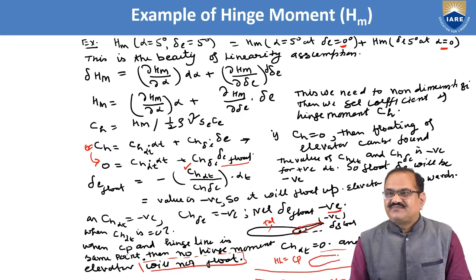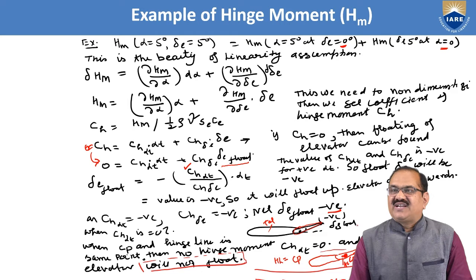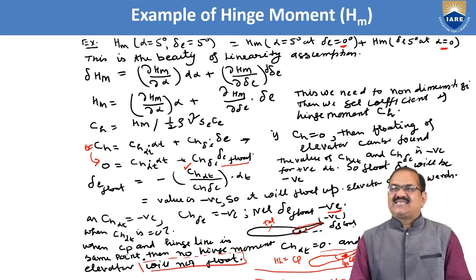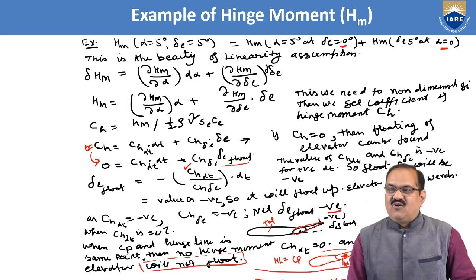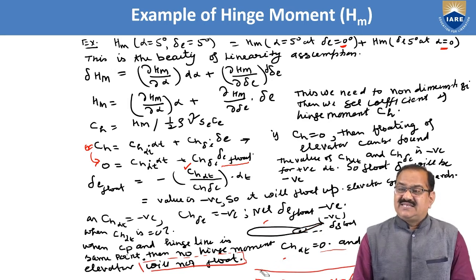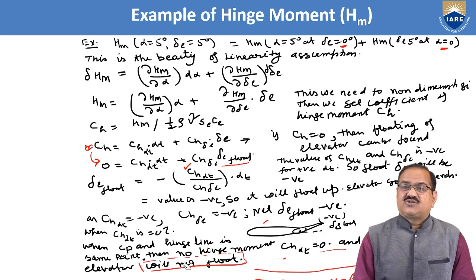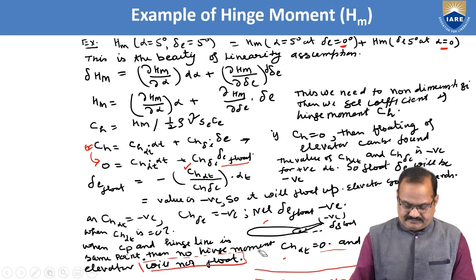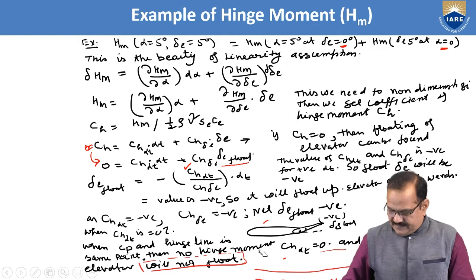This is the tail, this is the elevator, this is the hinge line HL, and this is the CP. If this CP and the hinge line are at one point, then CH alpha T will be 0. So in this case, there will not be floating. This is the issue that we have to take care of, and we should make sure that the CP and the hinge line are both at the same point.